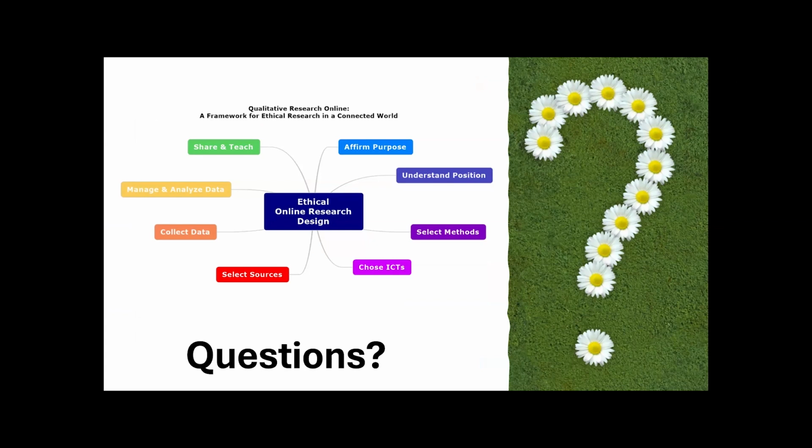Well, that's a really good point, because when we're doing qualitative research, one of the hallmarks of research ethics that I think is common across the globe is that participation is voluntary, and that you can withdraw at any time.